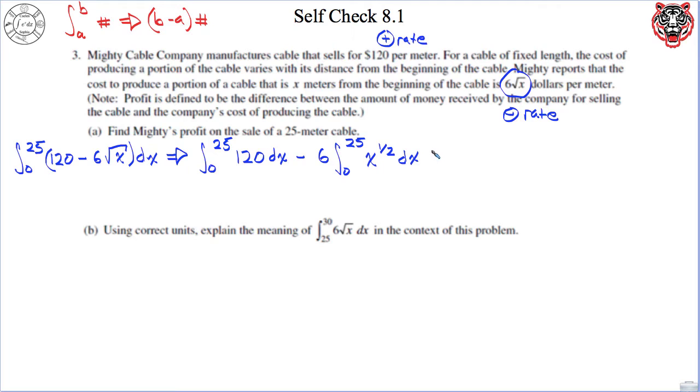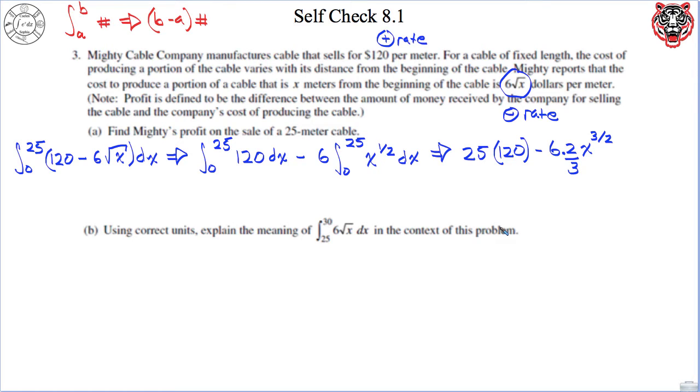So doing that, this integral here becomes 25 times 120. And I'm going to subtract this integral, which is 6 times, and I'm going to do the antiderivative now, so it's going to be x to the 3/2 divided by 3/2, which is times 2/3.